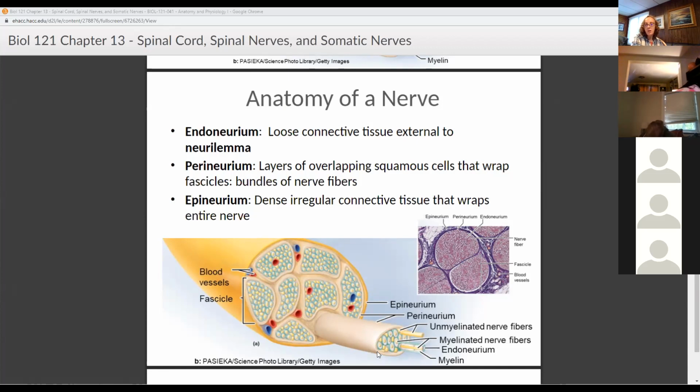So the perineurium are layers of overlapping squamous cells that wrap around the fasciculus. The epineurium is a dense, irregular connective tissue that's going to wrap the entire nerve.